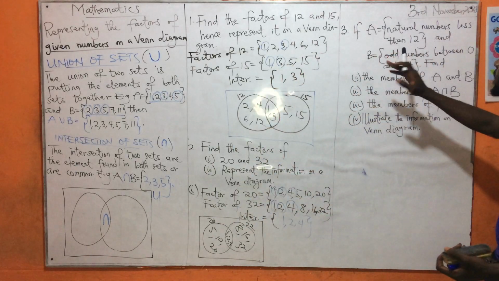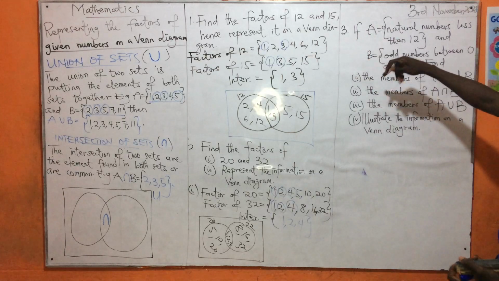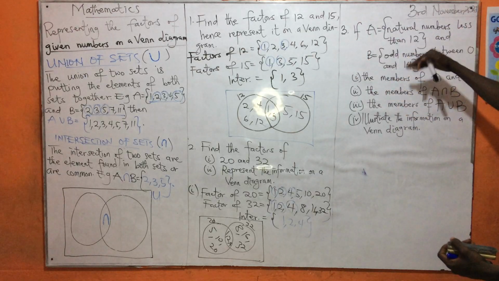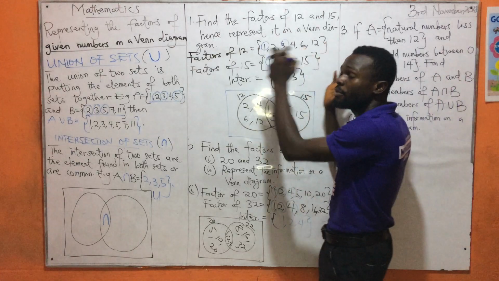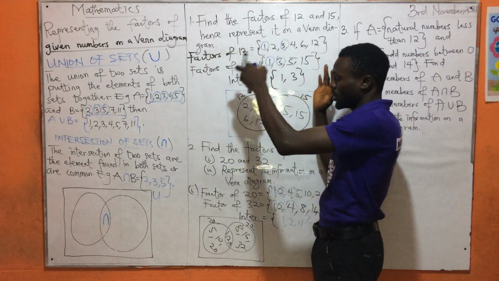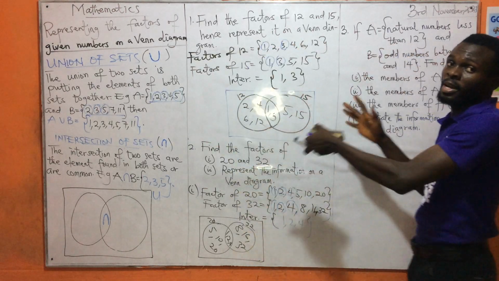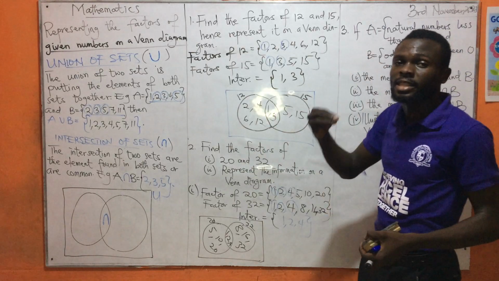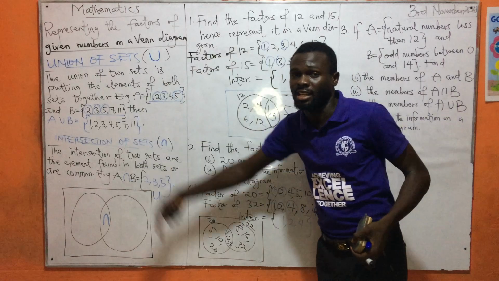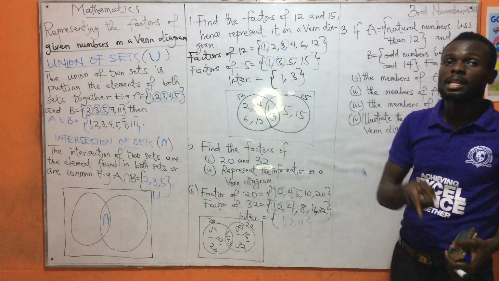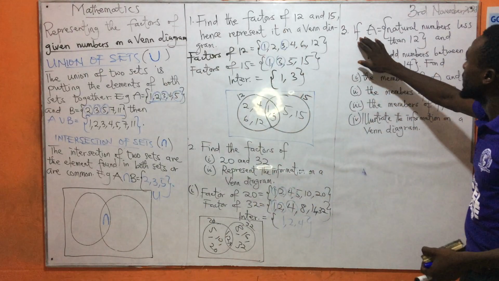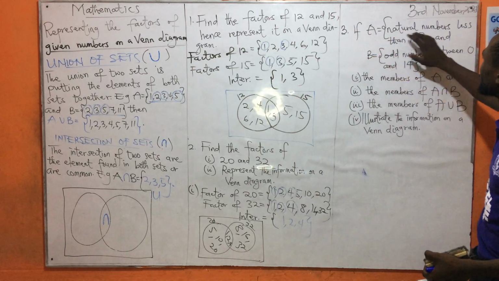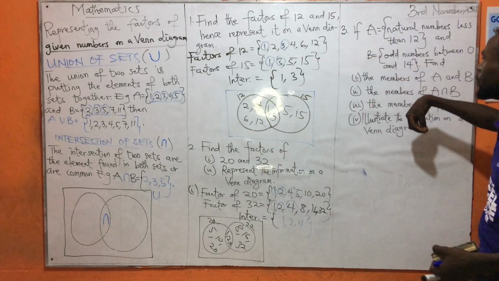So here says that if A is equal to natural numbers less than 12. Now we are done with the representation of factors on a Venn diagram. Now we are looking at the relationship that exists in terms of union and intersection of rational numbers. So here, natural numbers less than 12.